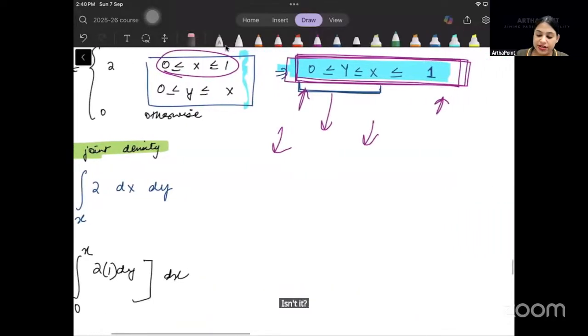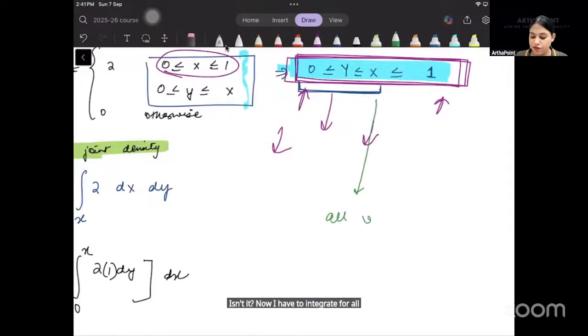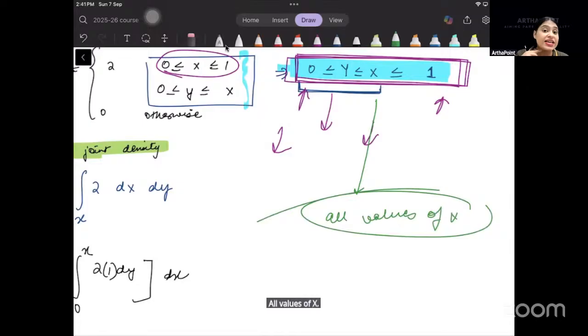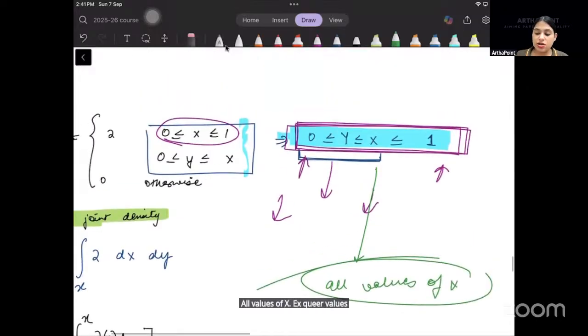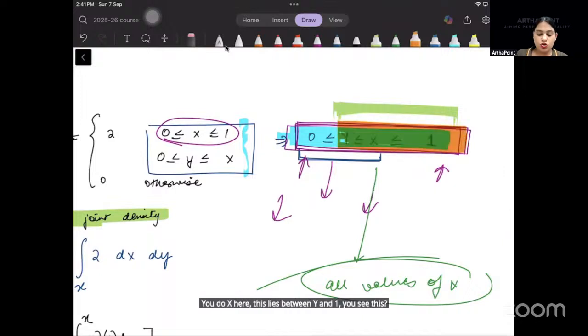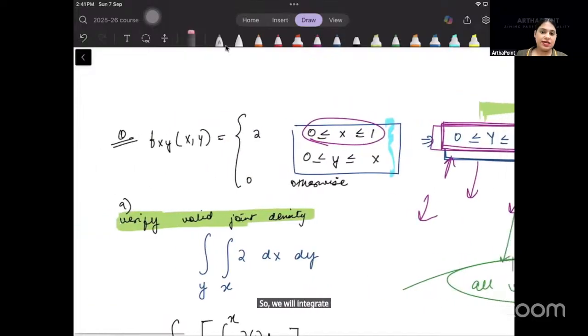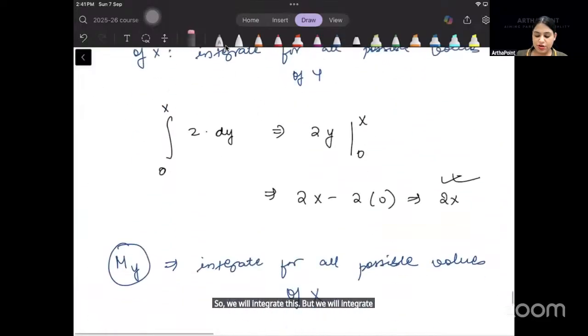Now I have to integrate for all possible values of x. What values will x take for marginal? Take the closest, shortest between y and 1. This x lies between y and 1. You see this? So we will integrate this between y to 1.